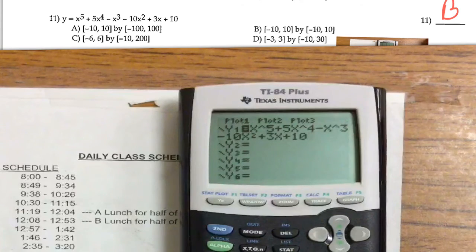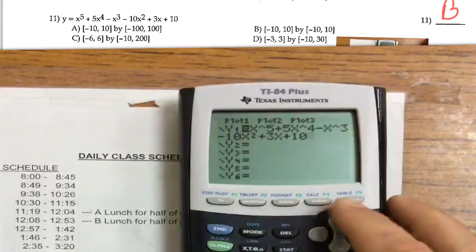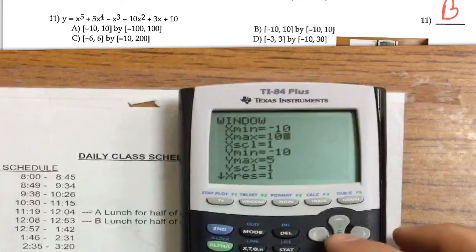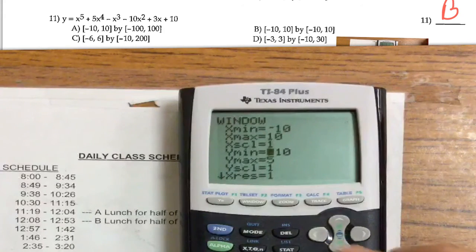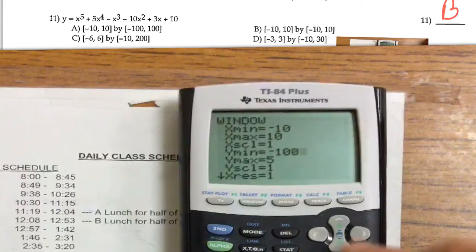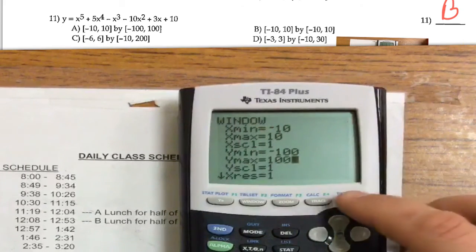Okay, so we'll try and find the appropriate window to see a comprehensive graph of 11. And we'll do that by entering the equation and then going to Window and then setting that to option A of -10 for an x-min, +10 for an x-max, -100 for a y-min, and 100 for a y-max, and hit graph.